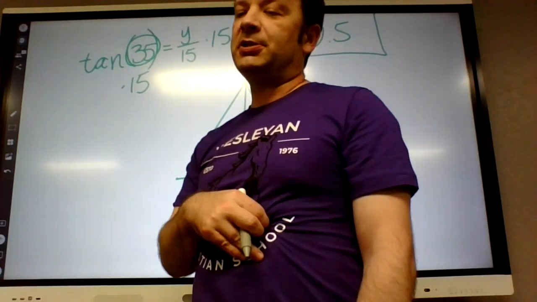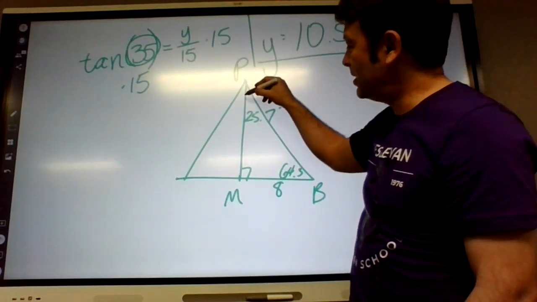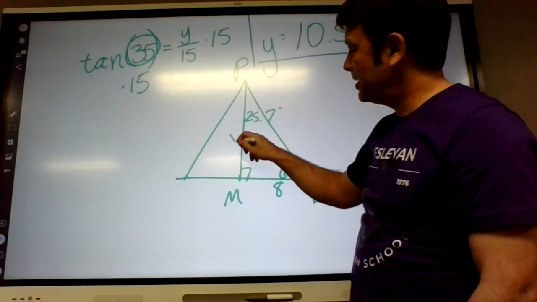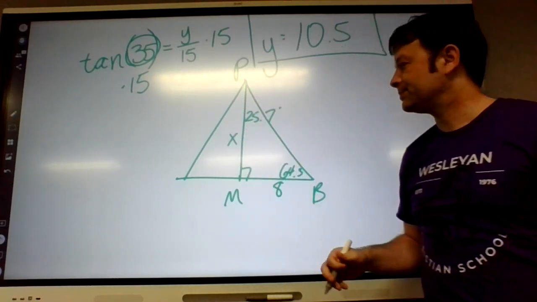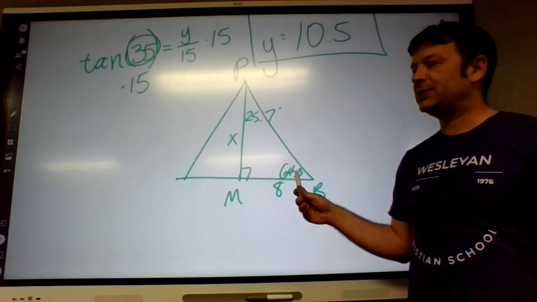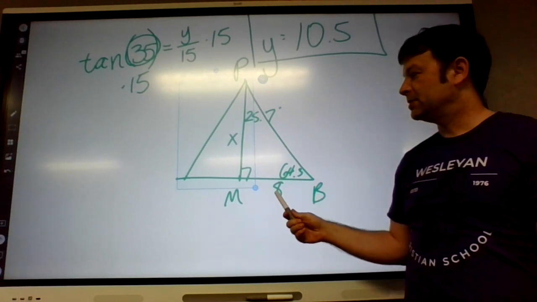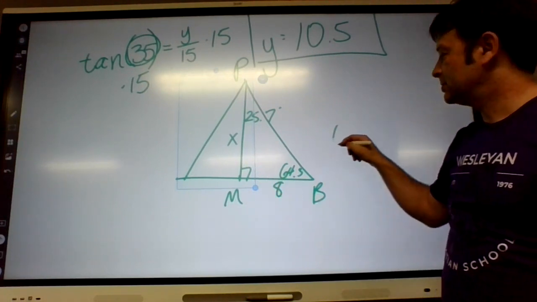Then this question we didn't do yesterday, PM, which is right here. How could we find that? Relative to this angle, it is opposite or adjacent, so that would be tangent.